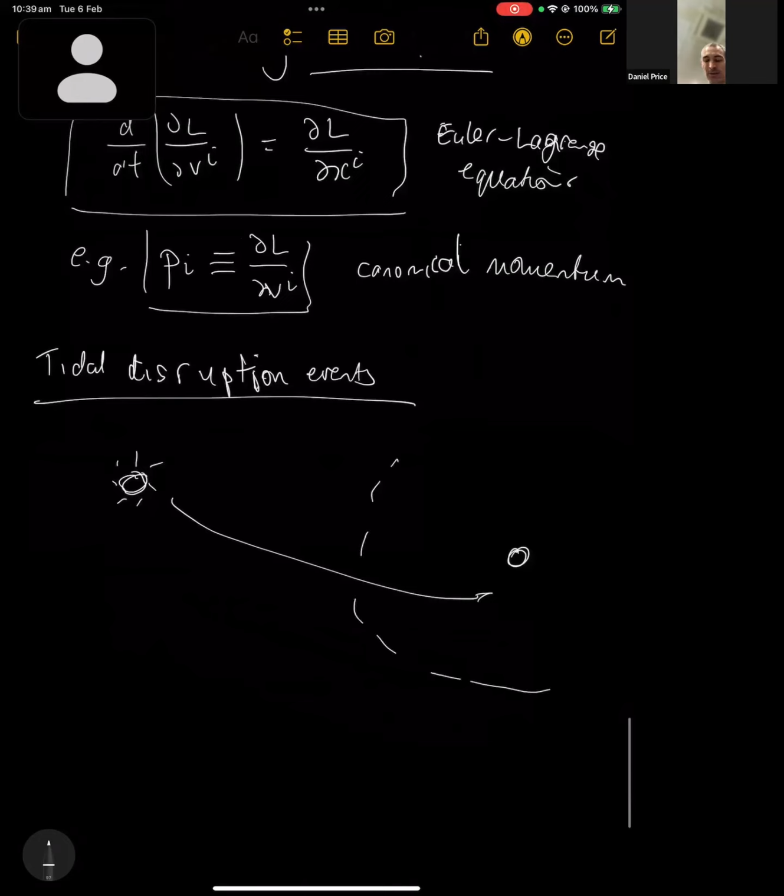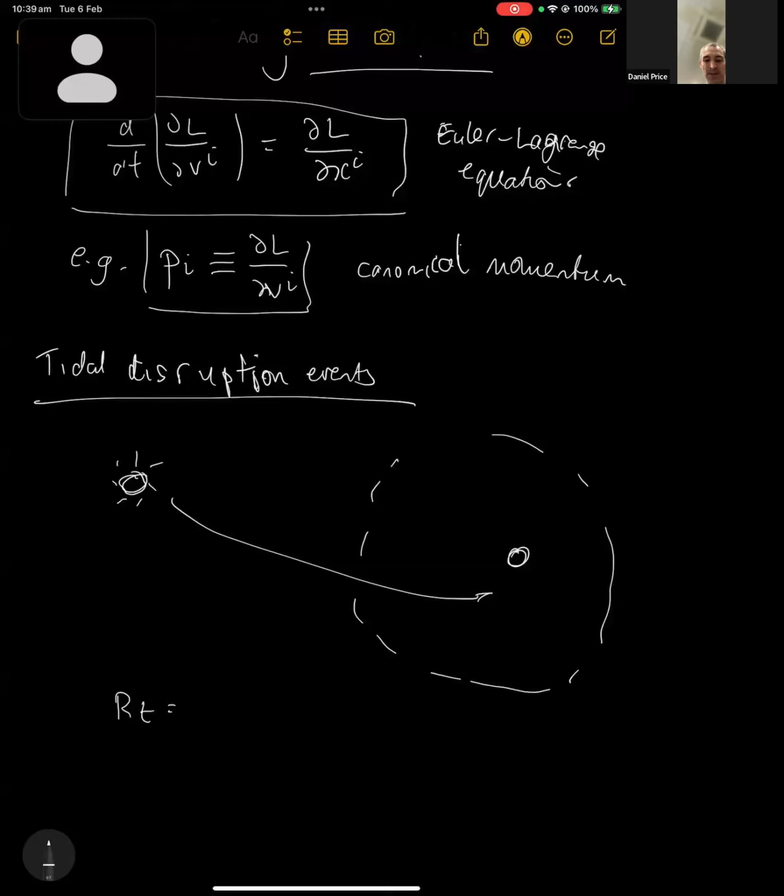You may have learned already that the key thing for tidal disruption is the tidal radius, which is the radius of the star times the mass of the black hole over the mass of the star. Let me get this the right way around. It's an equivalent density thing. You say the mass of the black hole over r_tidal cubed is equivalent to the mass of the star over r_star cubed.